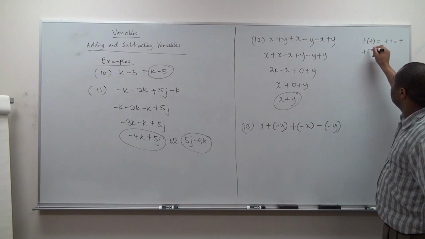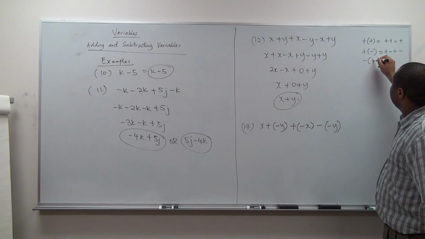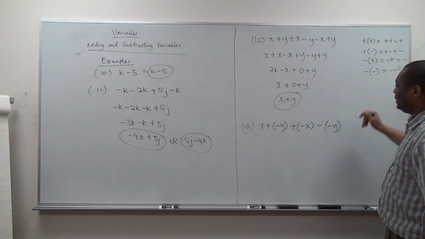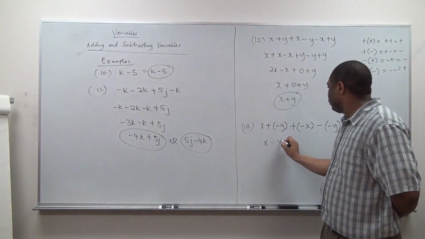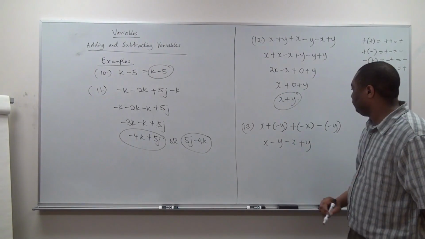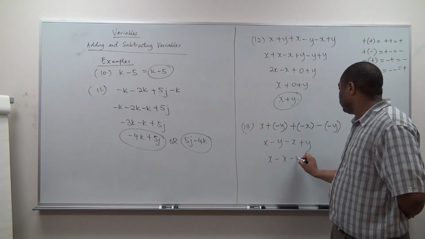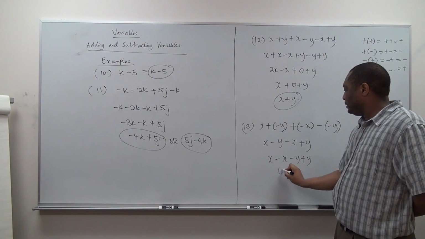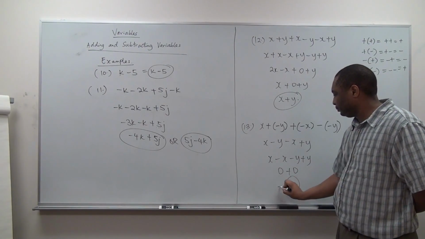You should not forget this rule. I mentioned it in the other segment. That is the same thing we do here. We make all these two signs to be one sign. X minus y minus x plus y. If you do it that way, this is x minus y plus y. And that is 0 plus 0, and that is 0.